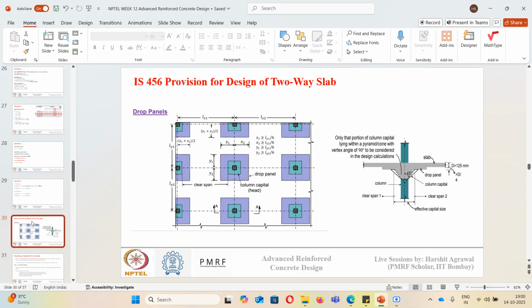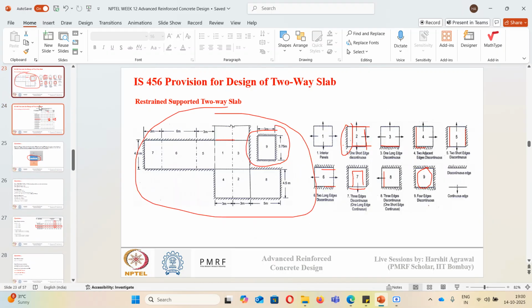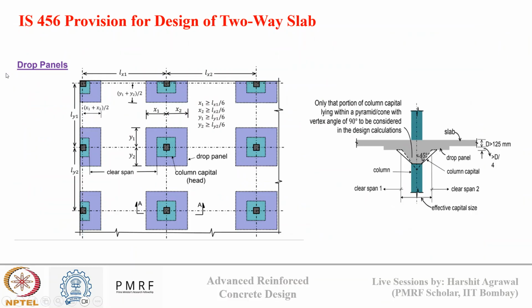Okay, so let's see ahead now. Right now we talked about beam supported two-way slabs. So these slabs that we were talking about were all beam supported two-way slabs. Now for drop panels and column capitals, as per the IS 456 code, what does the code say about their dimension?